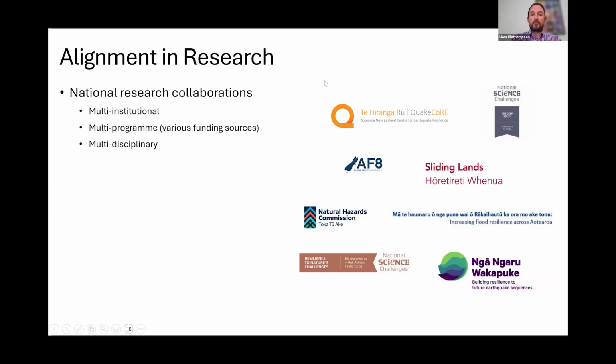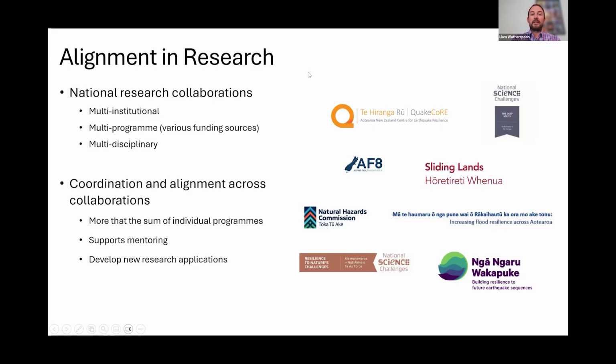Even within these programs, there's lots of encouragement from the funders to collaborate across programs. By collaborating through multiple institutions and also multiple programs, you can get more than the sum of what the individual programs tried to achieve to start with. This has been really important for building capacity. I think mentoring, developing new research applications, and filling the gaps between these programs is really important. So we've built really strong collaboration on the research side too.